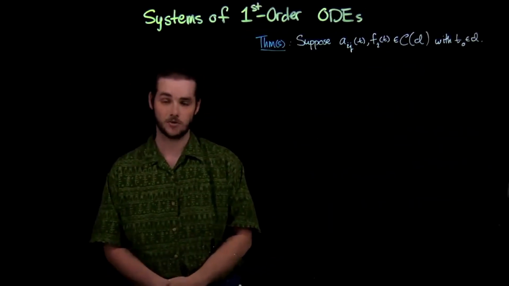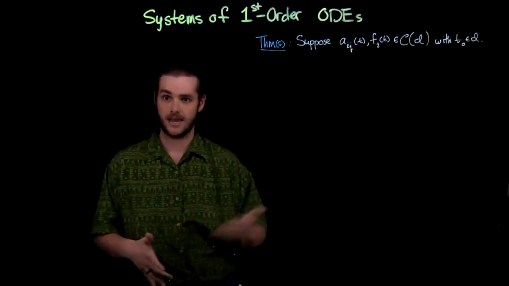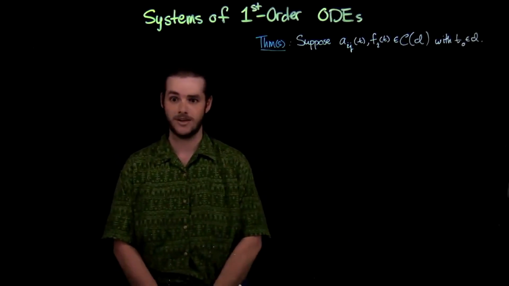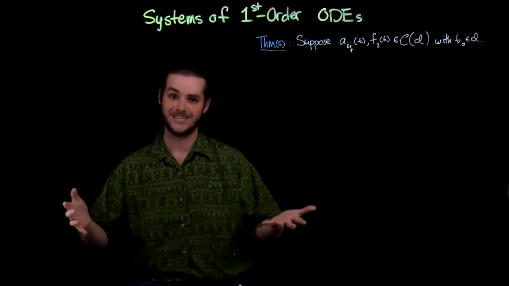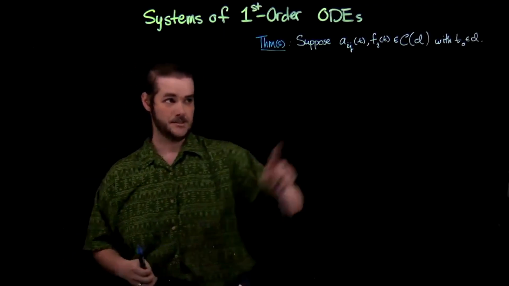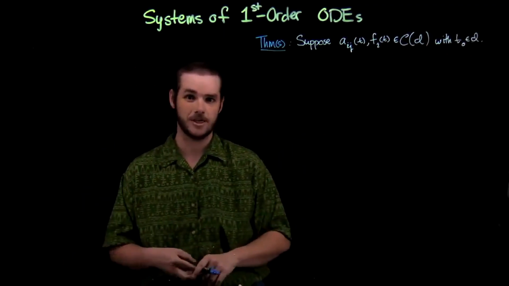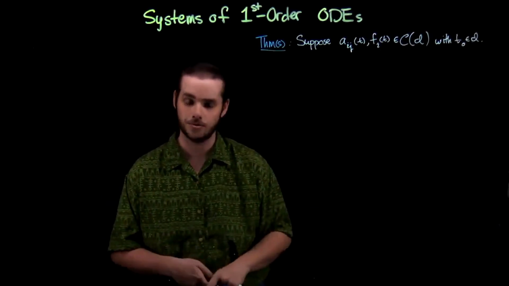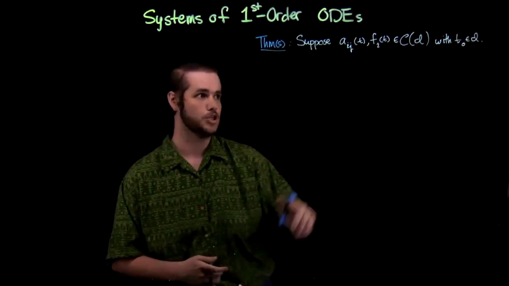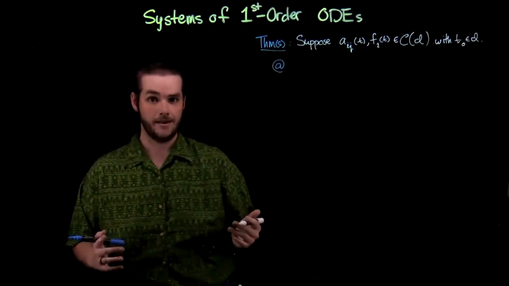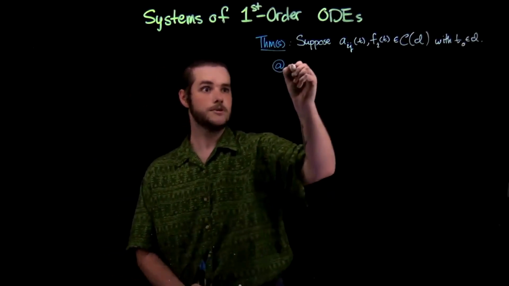Because the pattern is sort of to just extend these ideas n times over, a lot of the same nice results we saw for single ODEs apply to systems as well. That is, so long as everything is sufficiently continuous and differentiable and all that. I'm not going to get too into the weeds on all of those assumptions, but first, they have solutions.